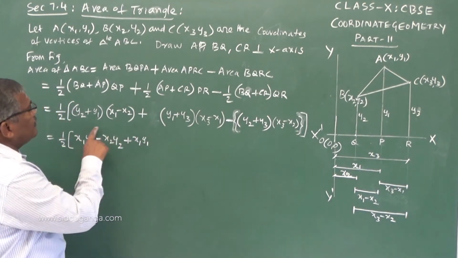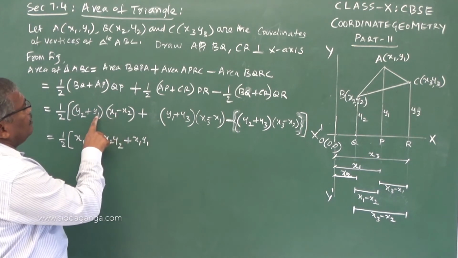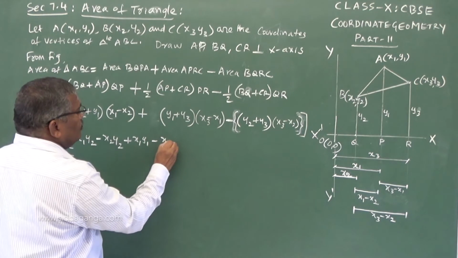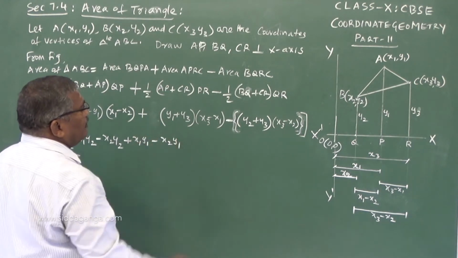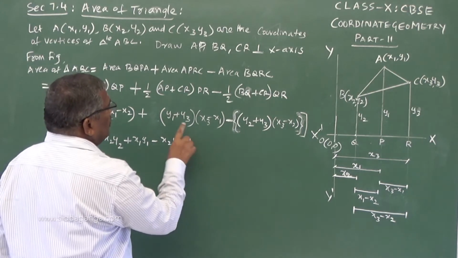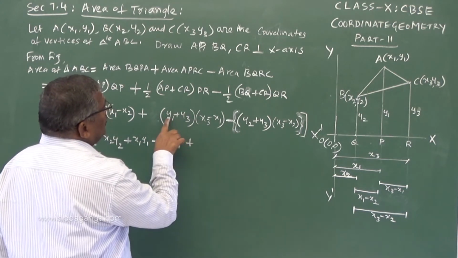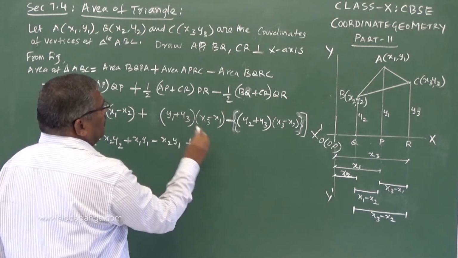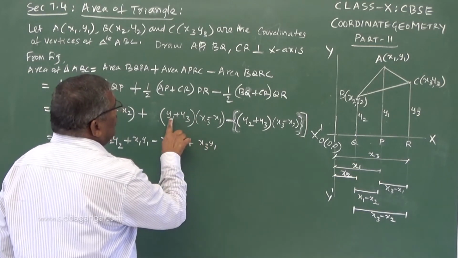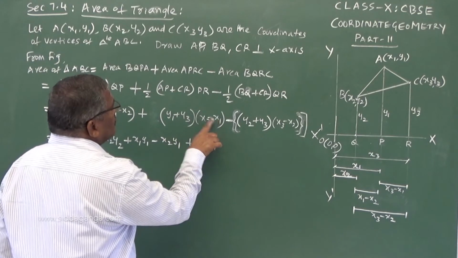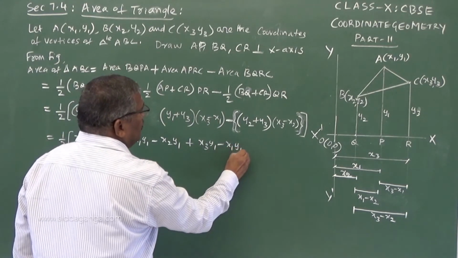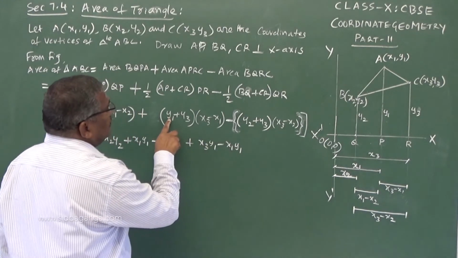Always write X first, then Y. It will be easy for simplification. Now X2 Y1 with a minus sign. Now plus, multiply these two with Y1: X3 Y1 and minus X1 Y1.